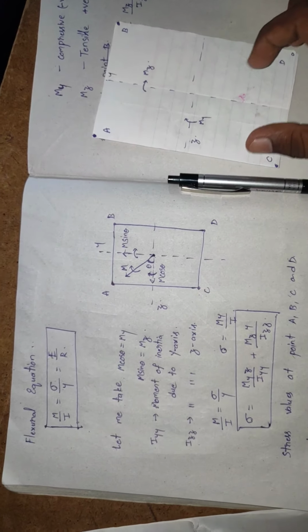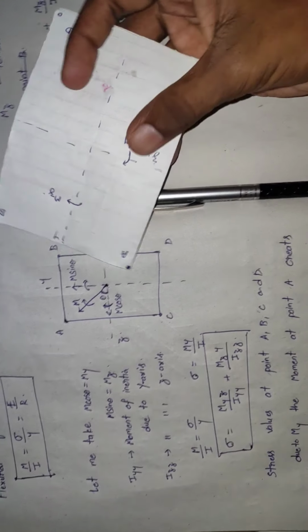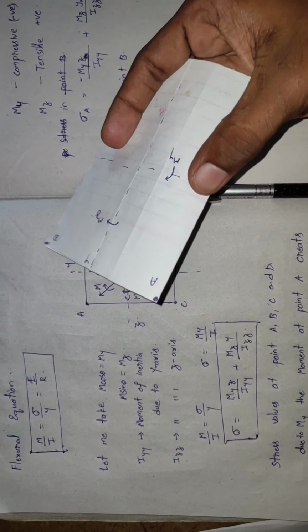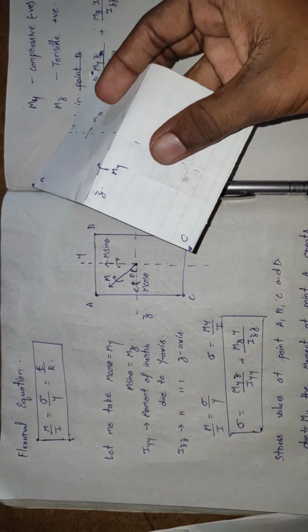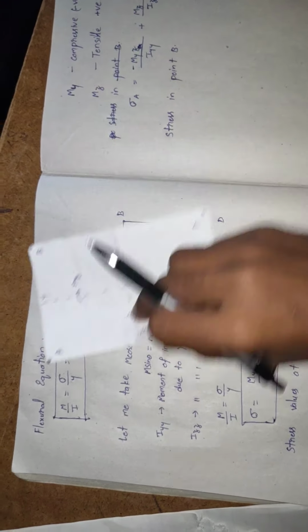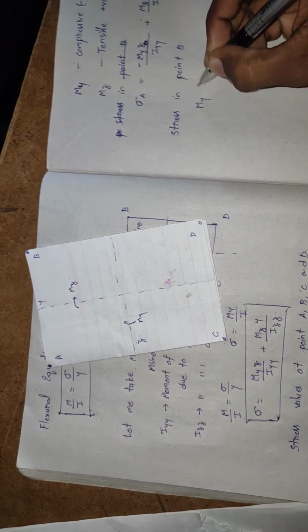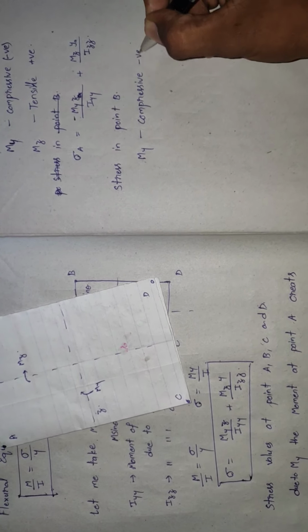Now let us take the consideration. Due to the load at point B, we are getting the layer compressive downwards. Due to this it is compressive again. Due to the My also it is going to compress. Now let me take My compressive, negative direction.